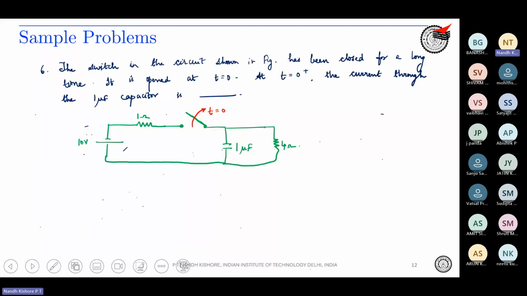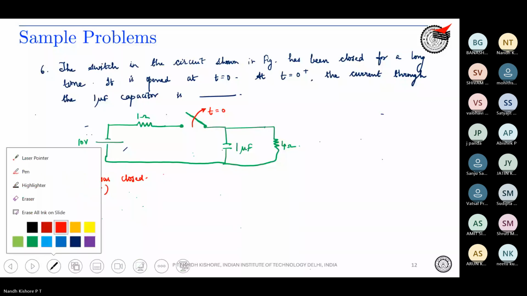So when the switch was closed, that is at t equal to 0 minus, before the event happens, what is the equivalent circuit before the event has happened?